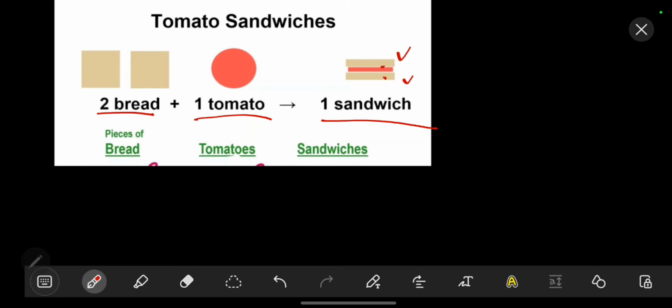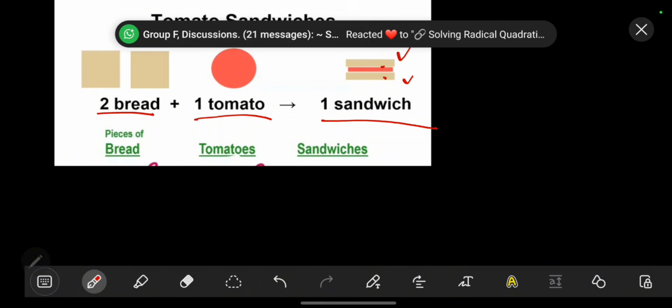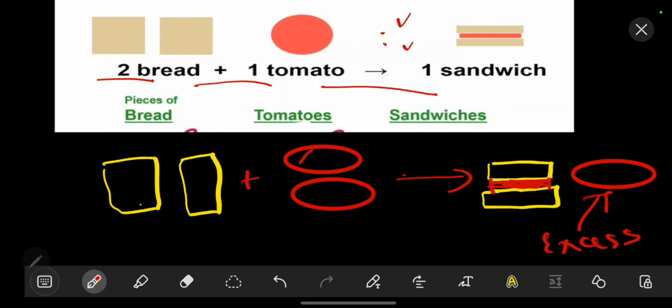However, let's see what happens if we increase the number of tomatoes compared to the bread. Let's advance it a bit. Let's say we have 2 slices of bread, and now you have 2 tomatoes. You will find that you will only need 1 tomato to be put in between the bread.